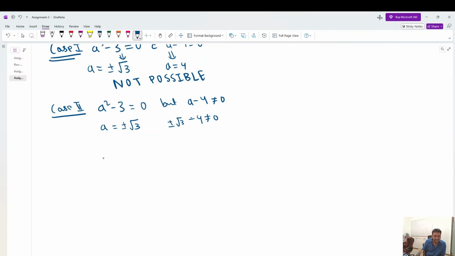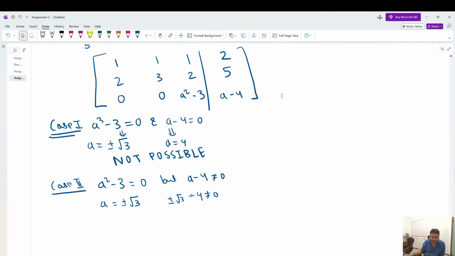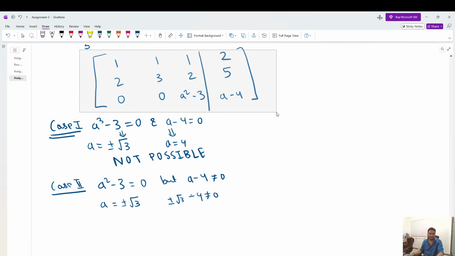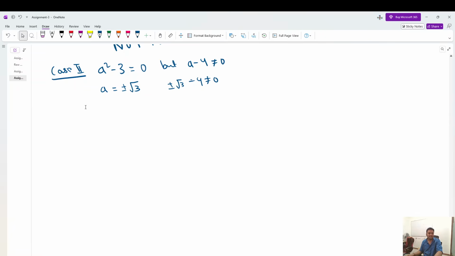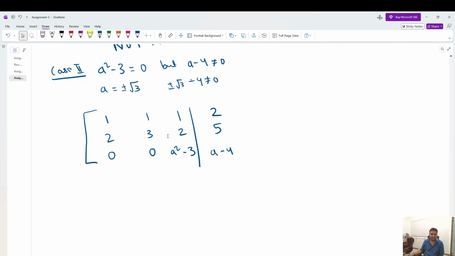Okay, so if you have these A, what is your matrix? Let me copy this matrix. I should write it very well. Okay, control plus C, and control plus V here. Then what you're getting is this is 0, and this is something which is non-zero: plus minus root 3 minus 4, the two possibilities.